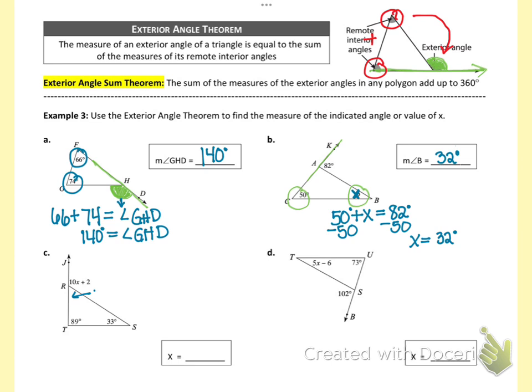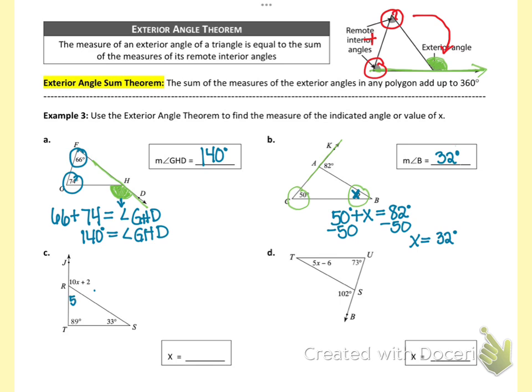So I could find out that this angle right here, that I just put my little arrow on, is 58 degrees, and if that's 58 degrees, then these two angles right here have to add up to 180 degrees, because see how they make that straight angle right there, right? They make that straight angle.